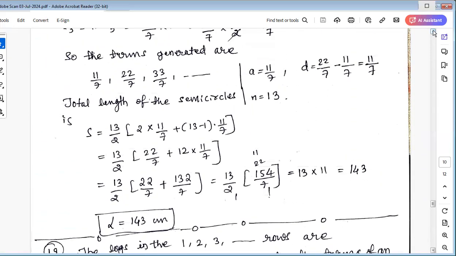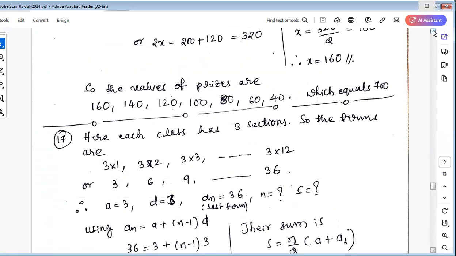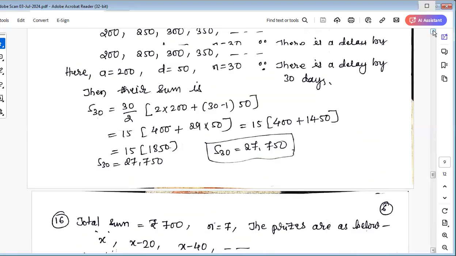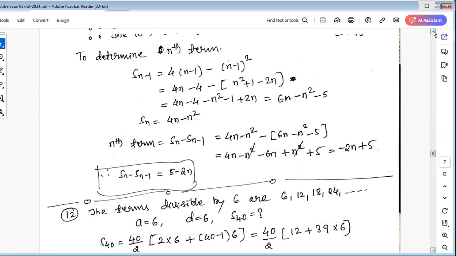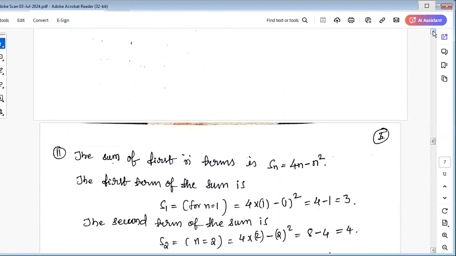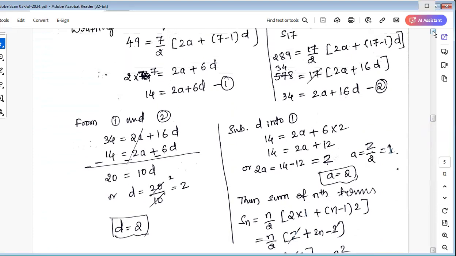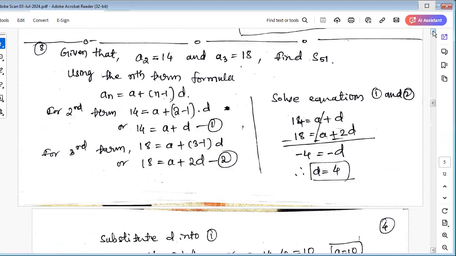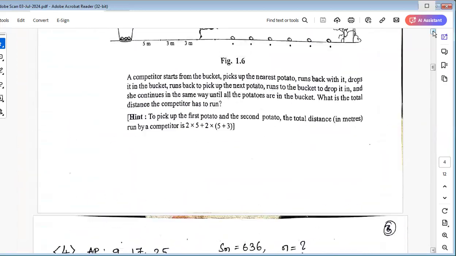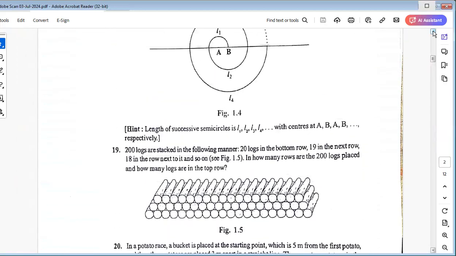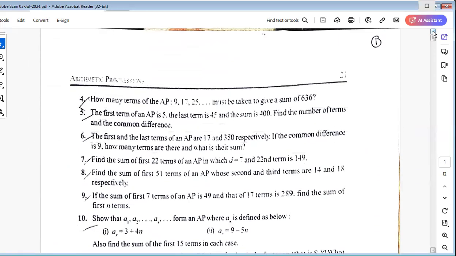And the only thing is that you have to practice these problems 2-3 times, then only you will become perfect. Otherwise, there may not be perfectness in the solution. So these are the solutions, and thanks for listening.